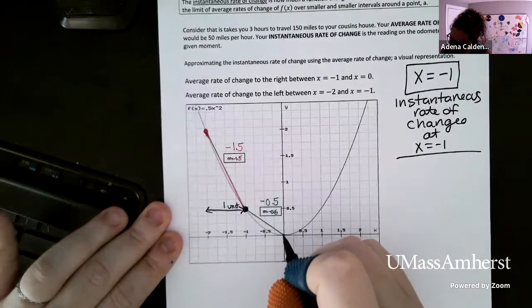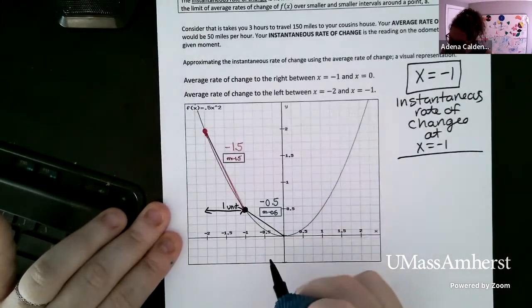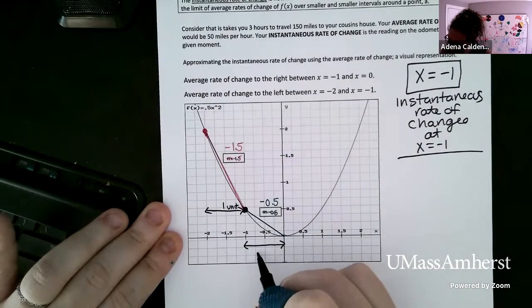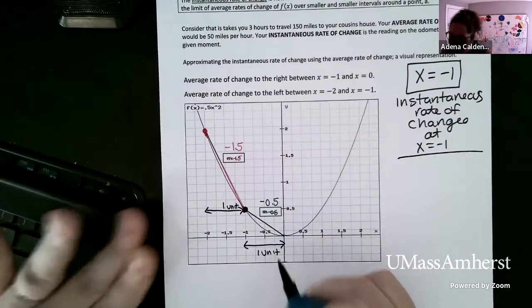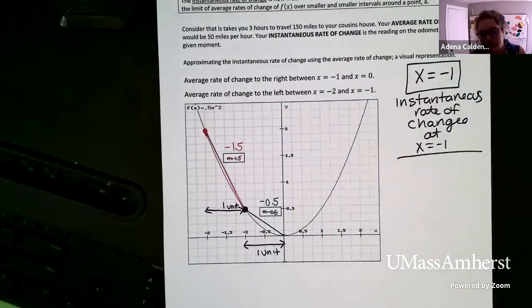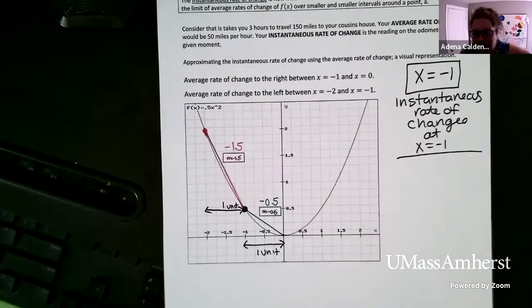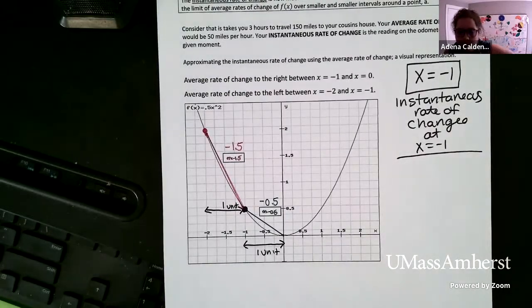And then over here, if you look at the right-hand approximation, it's from -1 to 0. So just like when we did limits, when we use a left-hand average rate of change and a right-hand average rate of change, we want to go the same distance away from the number we're interested in. And so here, this visual is 1 unit.